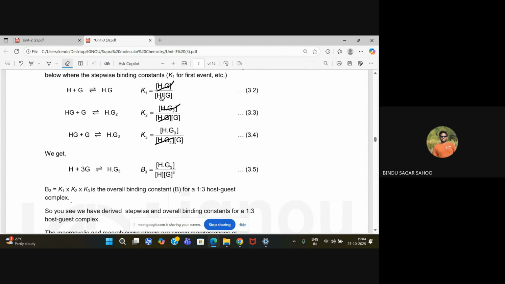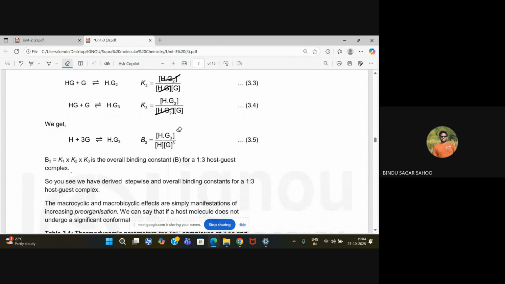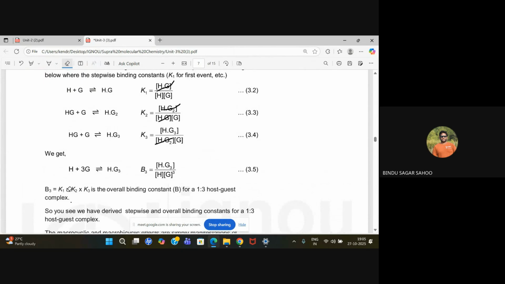There will be one H, and the above one will be this one. So you can check mathematically also. You can take the multiplication of K1, K2, K3, and you finally get these values: HG3 in the numerator, and H and G cubed in the denominator.